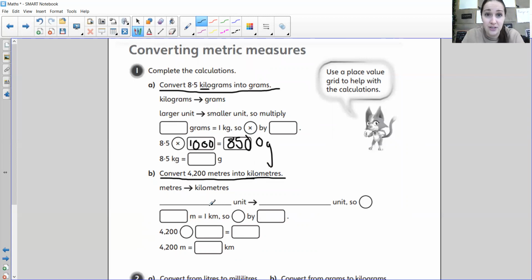So we're going from the smaller measurement to the bigger measurement. So we're going to be dividing by 1,000. We want to look at all those meters and we want to group them into groups of 1,000 to find a kilometer. So 4,200 divided by 1,000 would be 4.2 kilometers.